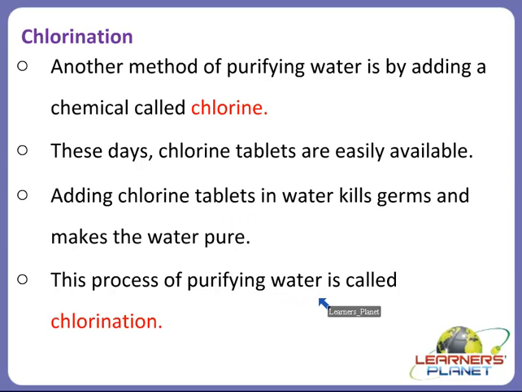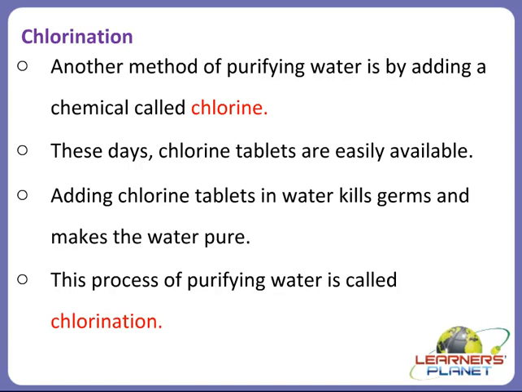And this process of purifying water is called chlorination, right? I hope these processes are clear to you. These are the chemical processes, right? So there are physical, biological and chemical processes by which we can remove the impurities from the water, the insoluble impurities and the soluble impurities, right?